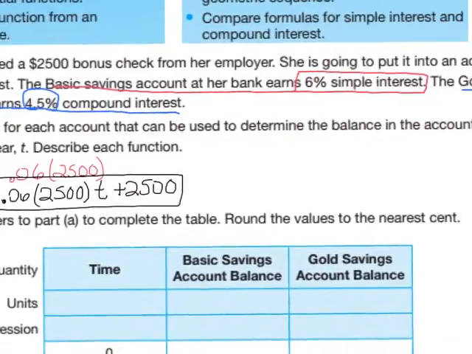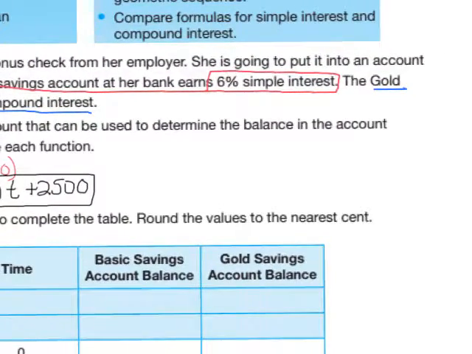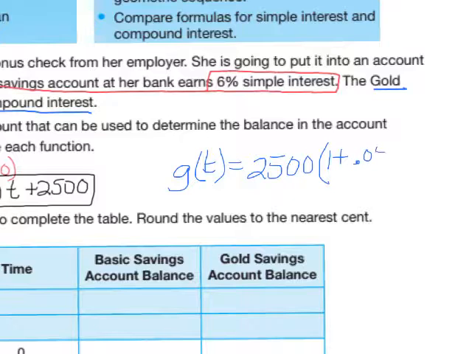Now, the compound one, that would definitely need function notation. That one was the gold. Let's call it G. The G is determined by time, and that's the exponential equation, the geometric one. Well, it's whatever she started off with, which is her starting money. But this one, instead of adding, we're going to multiply. The formula is 1 plus the rate, and hers was actually 0.045.